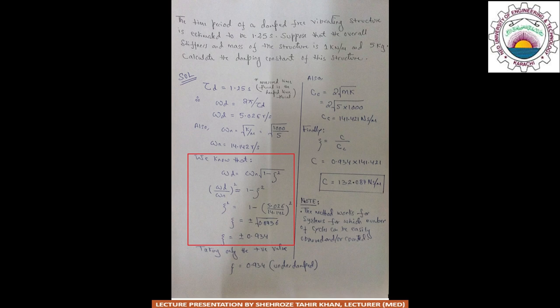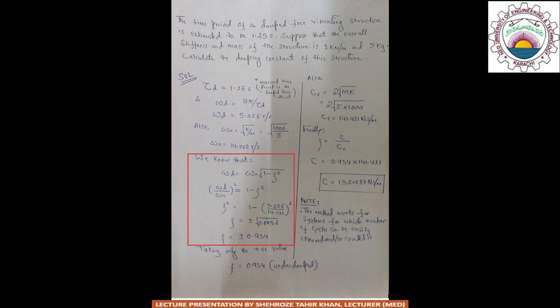As we have already calculated the damped frequency and natural frequency, by substituting these values in the above formula, we get the value of zeta is equal to 0.934.